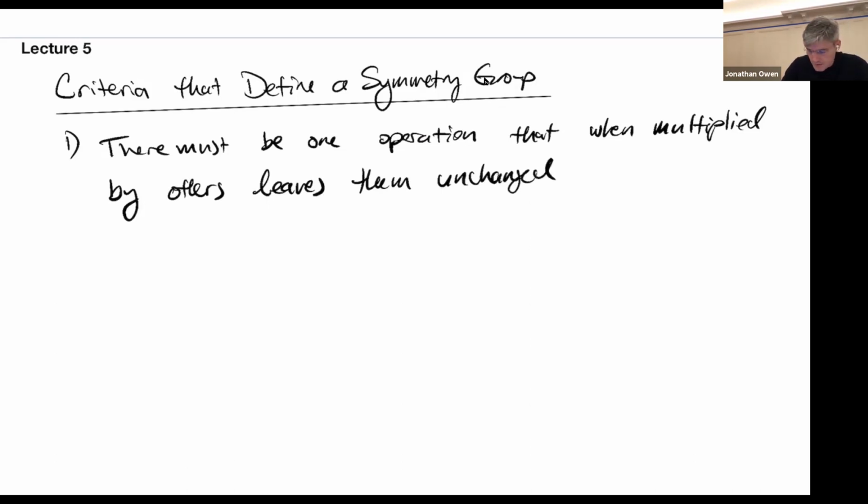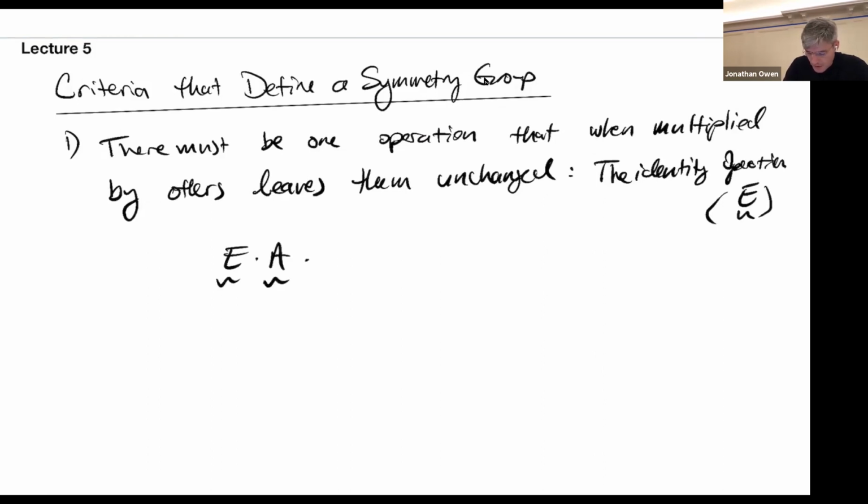So this is the identity. And this statement is basically saying, if you take the identity operation and you multiply it by some other operation, A, it's going to give back A. And it turns out you can do it the other way around too.